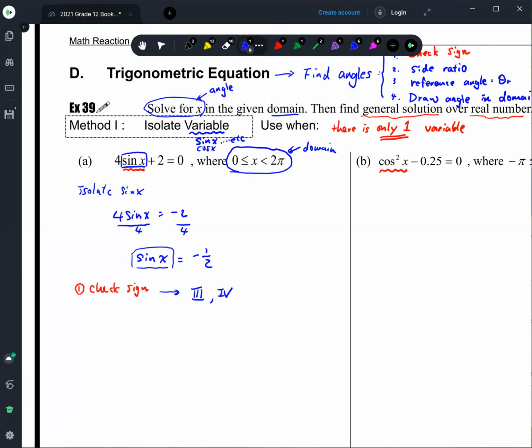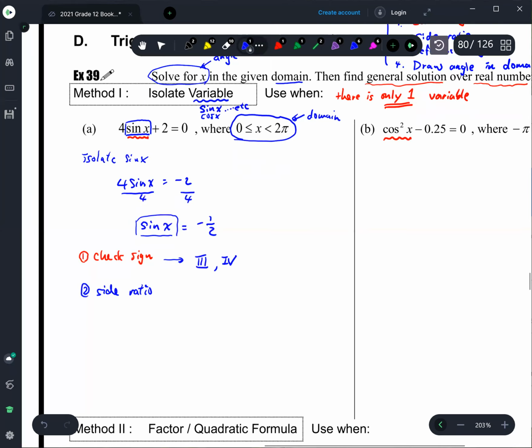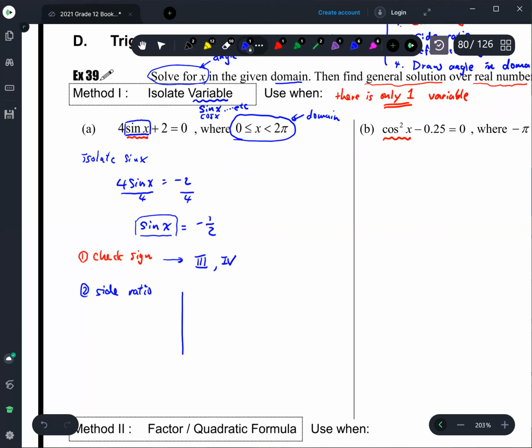So we can move on to our step 2. We need to fill in the side ratios. So we draw our picture. I think you should start to remember now, we did this a while ago. Quadrant 3, quadrant 4.